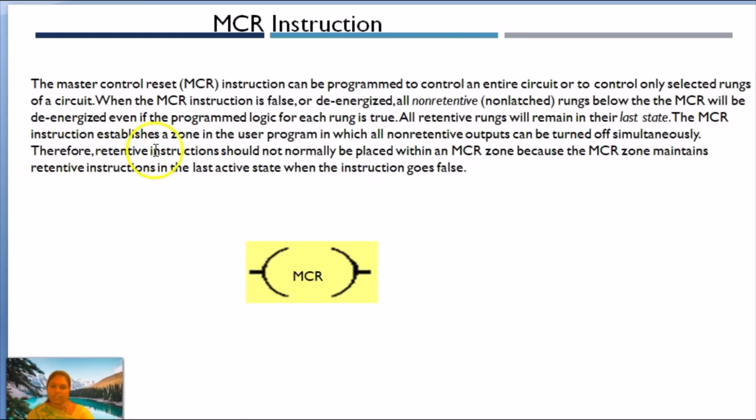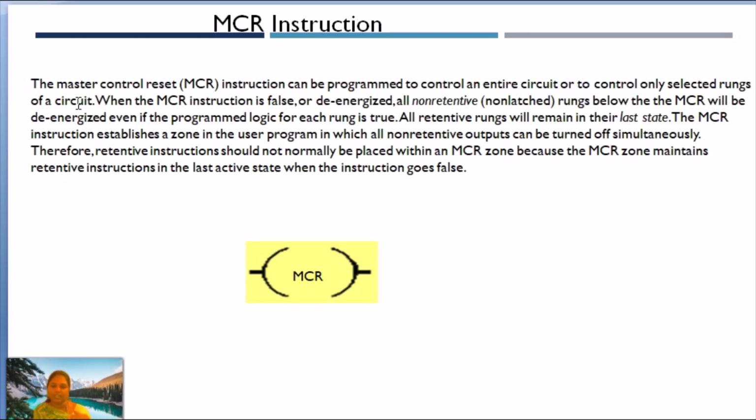Next is the MCR instruction, which is the master control relay circuit instruction. It can be programmed to control an entire circuit or only selected runs of the circuit. Where you need to control the runs, you can fix the MCR instruction there. From that run itself, it is under the control of that MCR instruction.